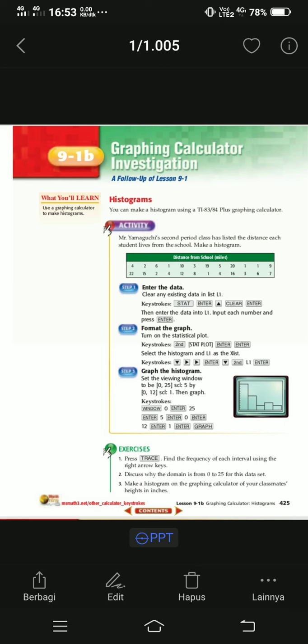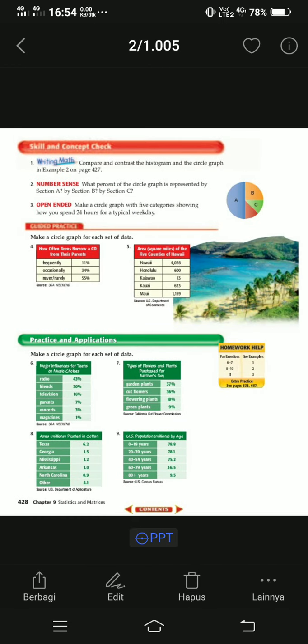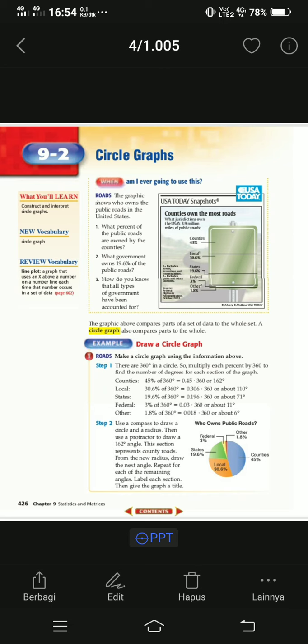Number 3. Make a histogram on the graphing calculator of your classmates' heights in inches. The next, 9-2.